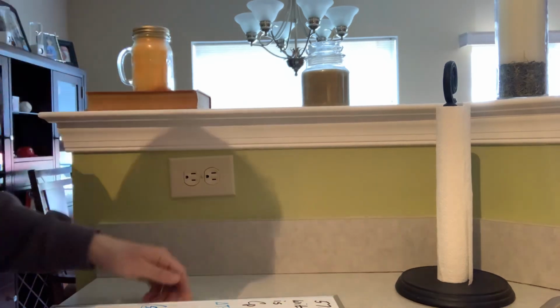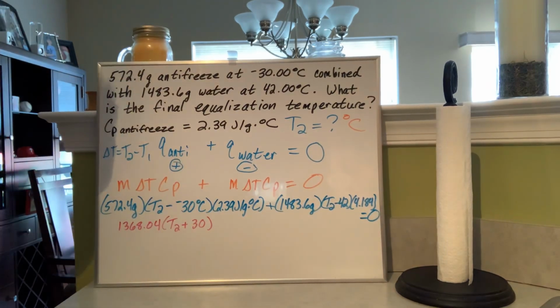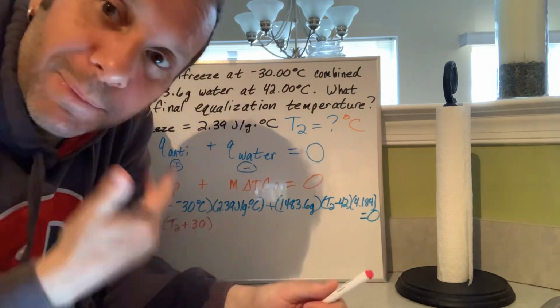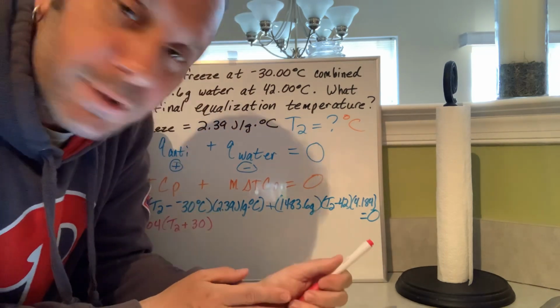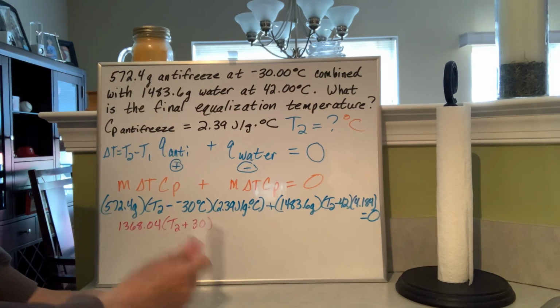Think of it this way: if you subtract negativity from your life, you're going to become more positive. There you go, life lessons with Starach. So M times CP is this, times this quantity delta T.